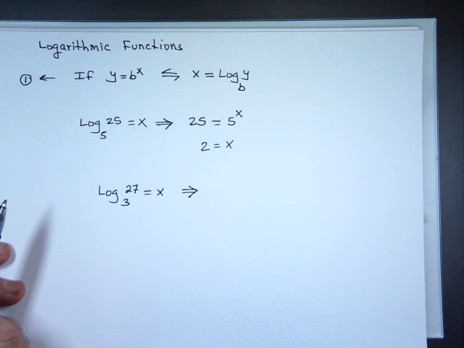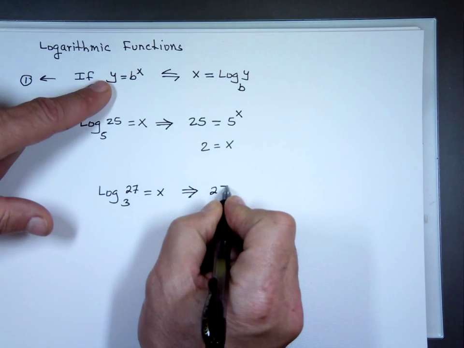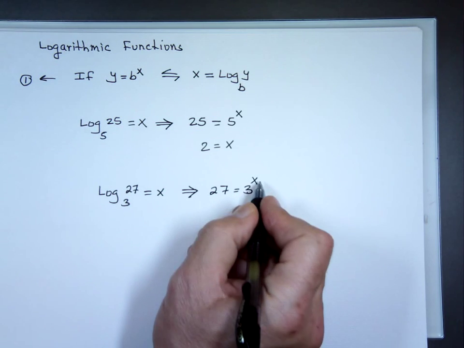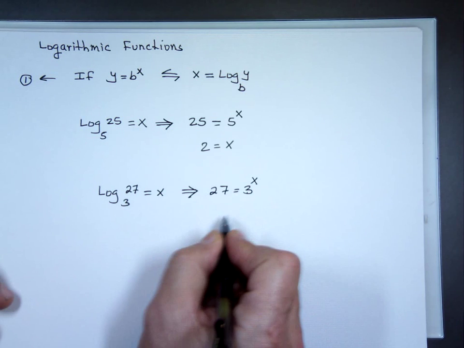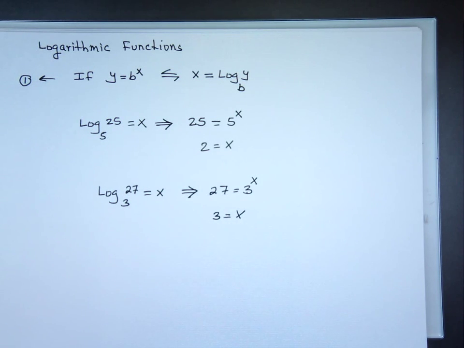The answer is 3 to the power 3, absolutely, because you can change that using that rule. 27 equals 3 to the power of x. 3 to the power of what is 27? X is 3. If I give you 2, I can find the third one just using that rule.